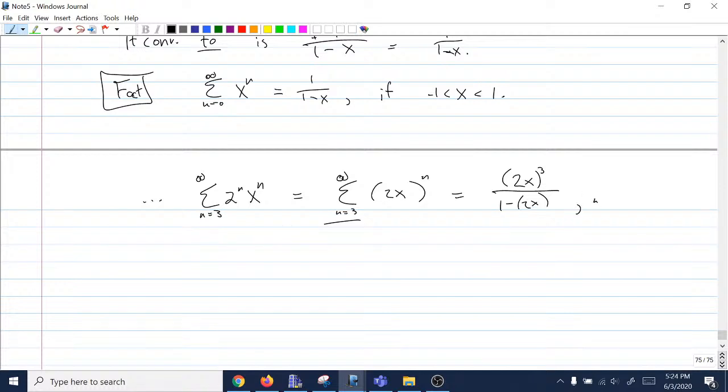And it converges when 2x is between -1 and 1. That's when x is between -1/2 and 1/2. Notice I'm getting the interval and radius of convergence as a byproduct because I know when a geometric series converges. I get some facts for free without having to think about the ratio test or the root test when I'm using this trick.